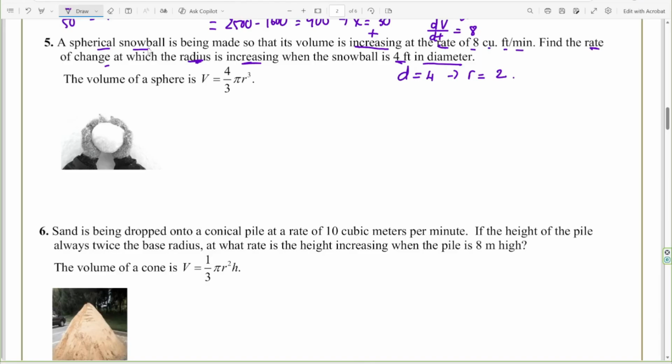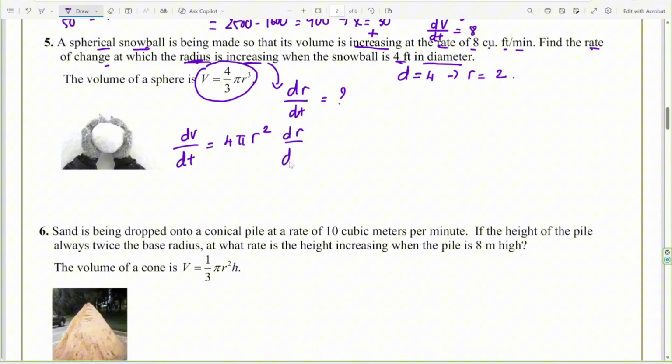Now the question wants you to find the rate of change at which the radius is increasing, which means you need to find dr over dt equals how much, right? So we're going to use this formula right here. Take the derivative of both sides with respect to t, right? So we have dv over dt equals, bring 3 to the front, it's going to be 4 pi r squared, right? Don't forget dr over dt, right?